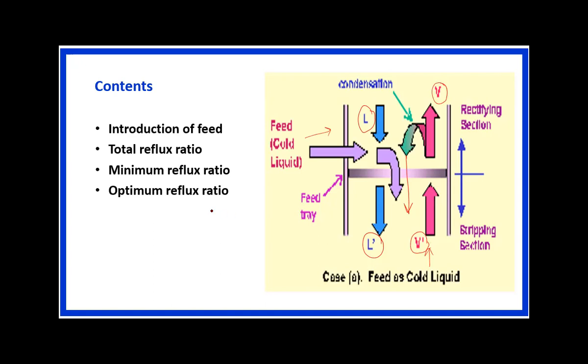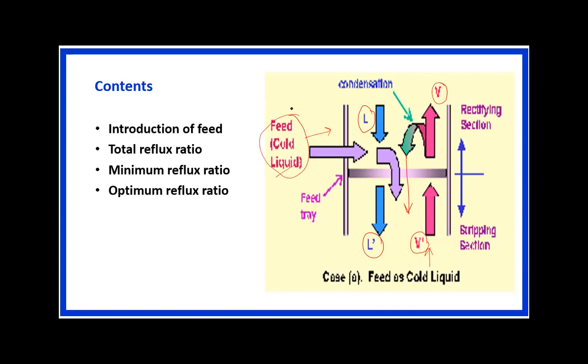So if the cold liquid is replaced by the feed at its bubble point condition, then the scene may change, and likewise we have to observe what changes there are. Now, L dash, V dash, all these vapor and liquid flow rates depend on the feed condition.